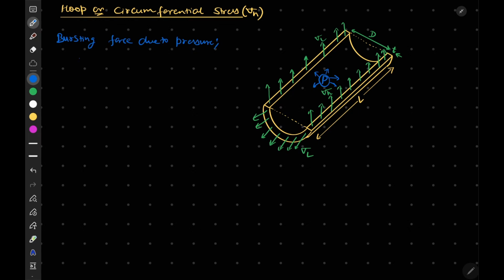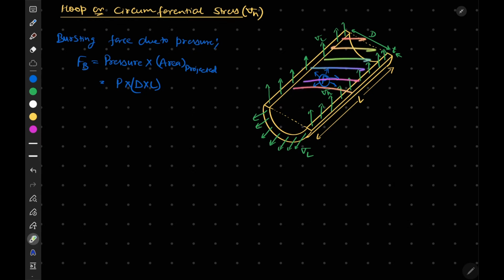The bursting force FB is equal to pressure into area, and the area must be the projected area. So this will be equal to pressure P into D into L. This is the projected area, diameter into length. So this area here will be the projected area.